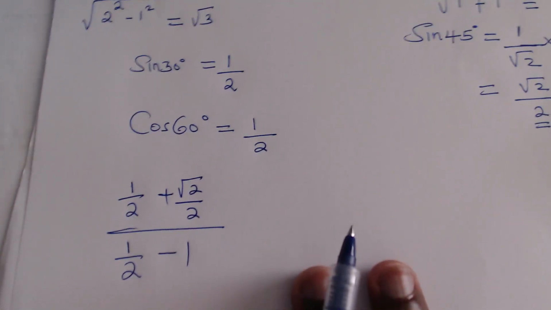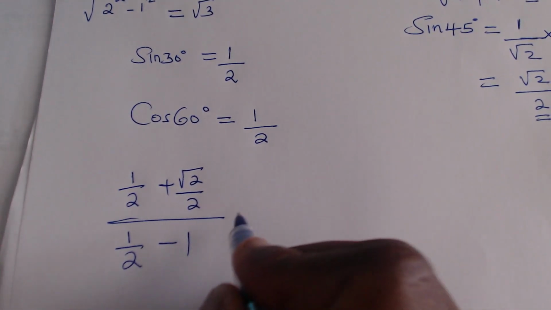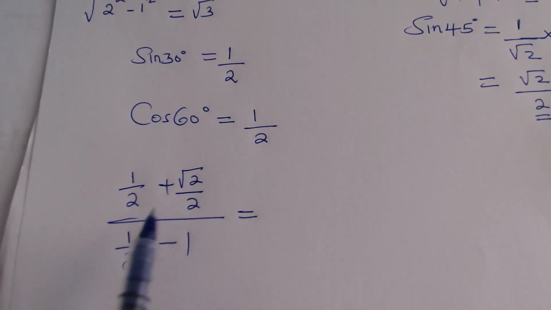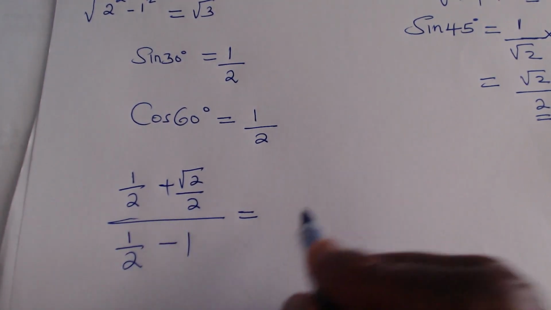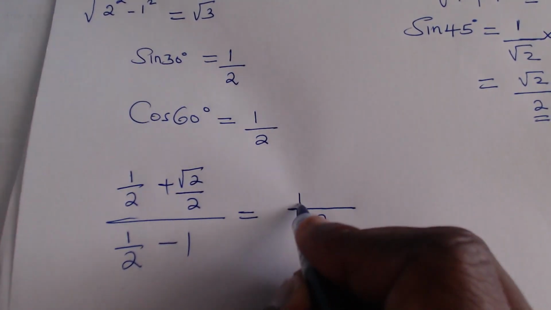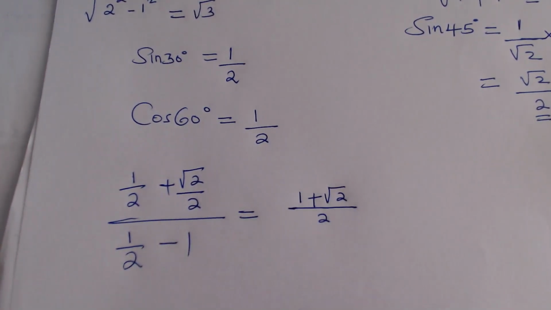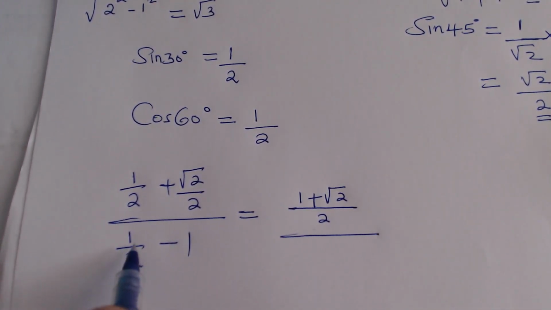Now we have to solve this. When you add a half plus root 2 over 2, the denominator will be 2, so this gives 1 plus root 2 over 2, then everything divided by 1 over 2 minus 1.